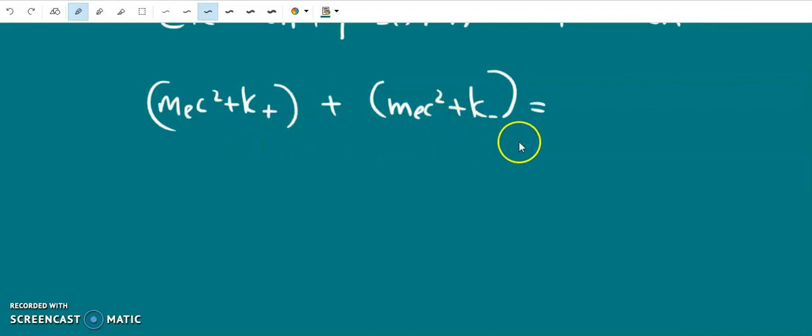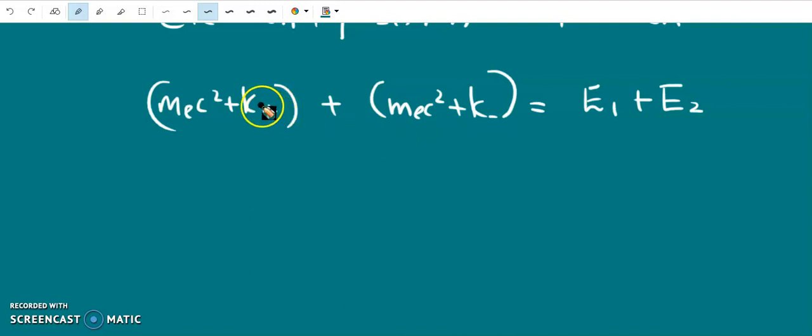The sum of these two energies is equal to the sum of the energies of the 2 photons produced, E1 being the energy of the first photon and E2 the energy of the second photon. Usually the kinetic energies K plus and K minus are negligibly small, and therefore we can assume that the positron and the electron are generally at rest.